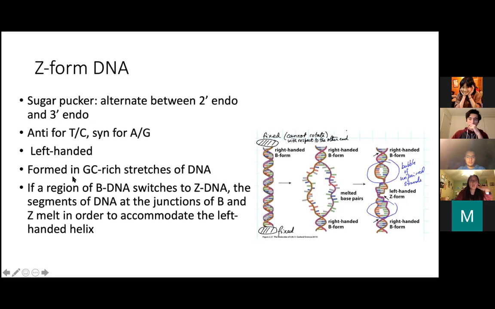And Z-form is formed in GC-rich stretches of DNA. So it'll probably be seen in sequences that are GC-rich.